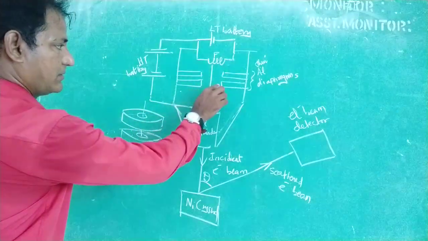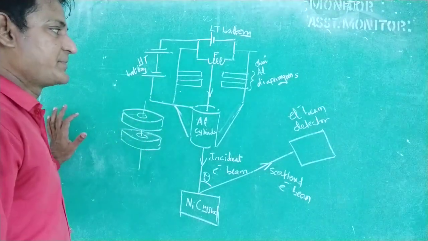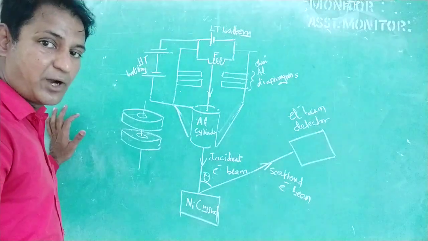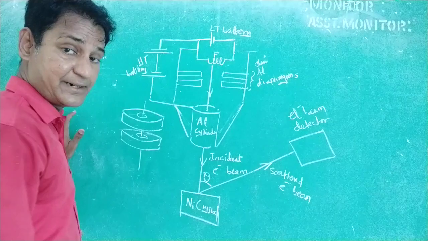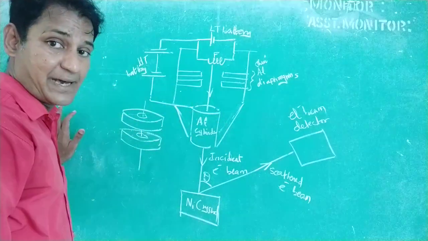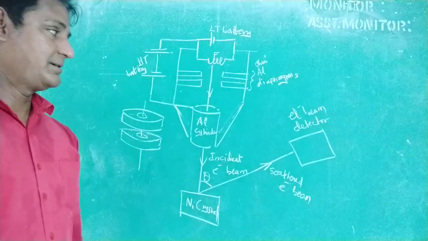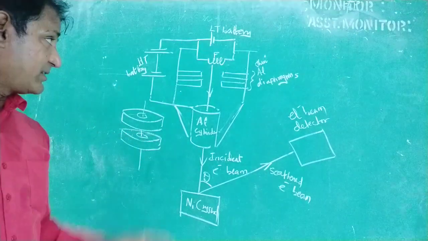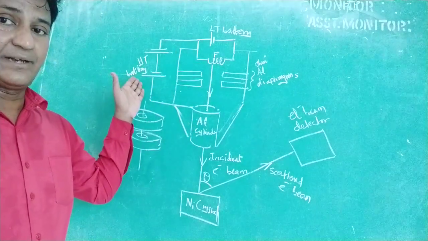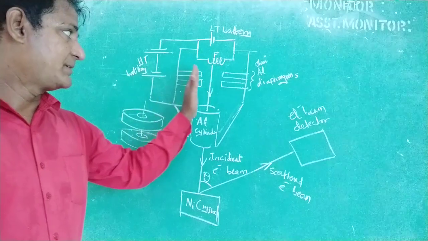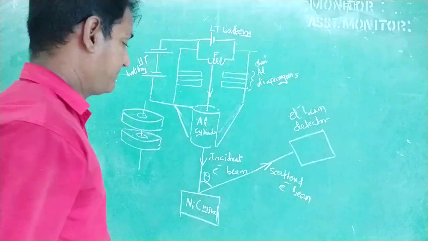These are the thin aluminum diaphragms, which collimate the beam, that is, send the beam in a parallel way, so there will be no deviation. Because the beam has been accelerated by the high tension battery, these diaphragms are used to avoid any deflection and to send it as a collimated beam.